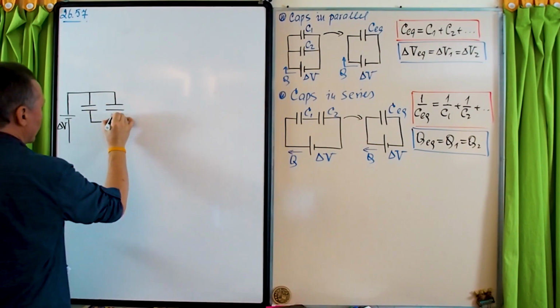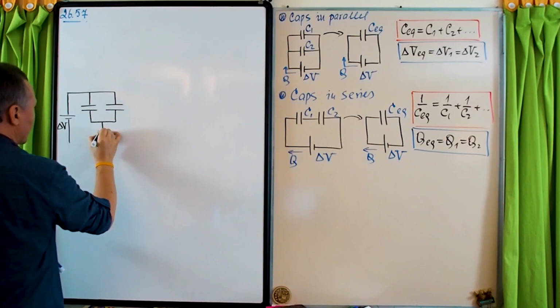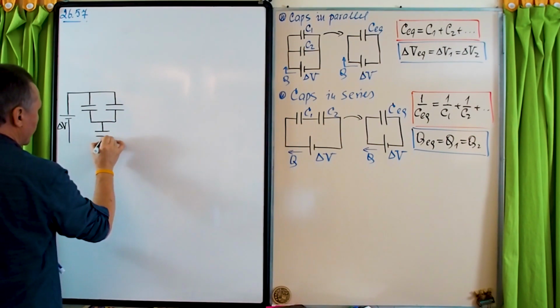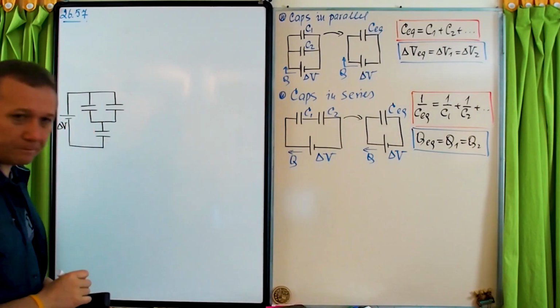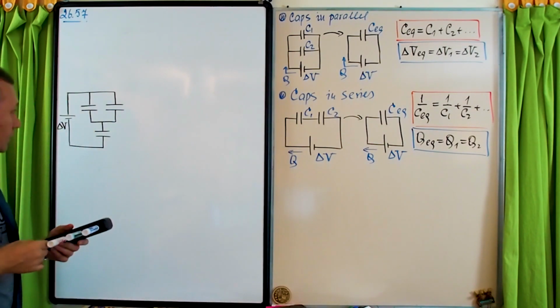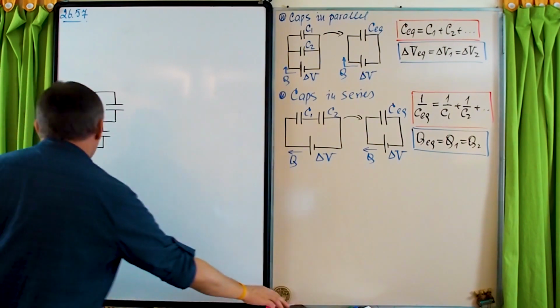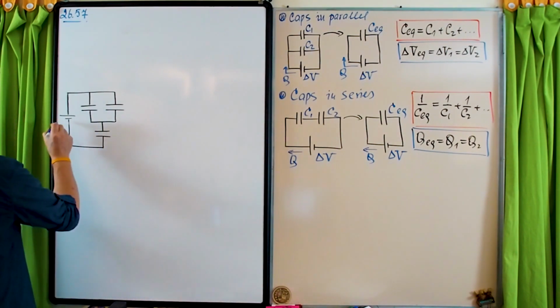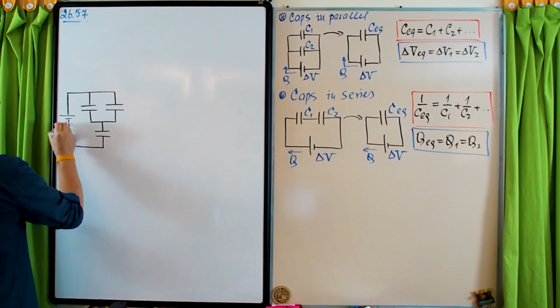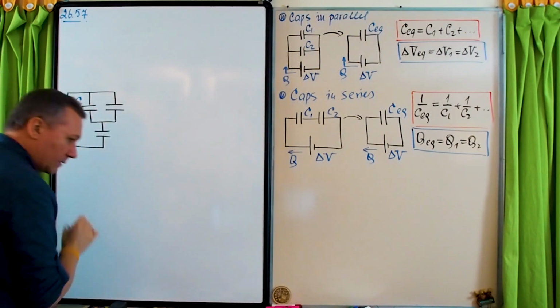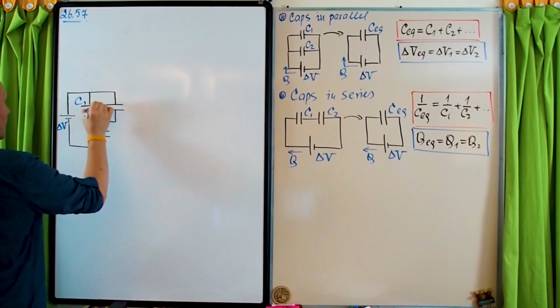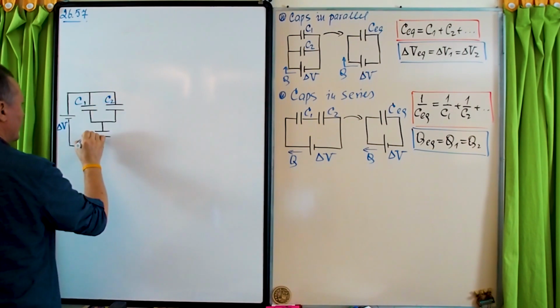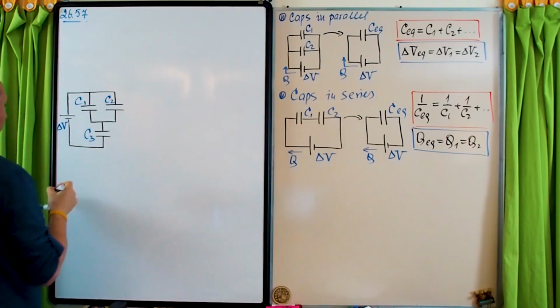They are connected like this, and then there is the third capacitor. Let me check. And now let me label them, also using different colors. So that is delta V. This is C1. This is C2. And this will be my C3.